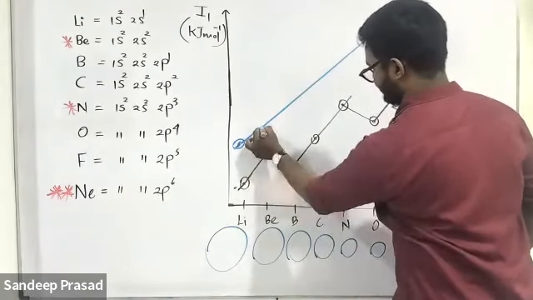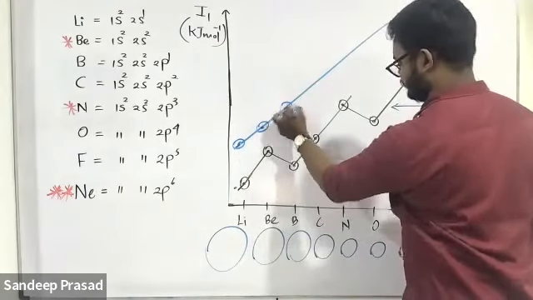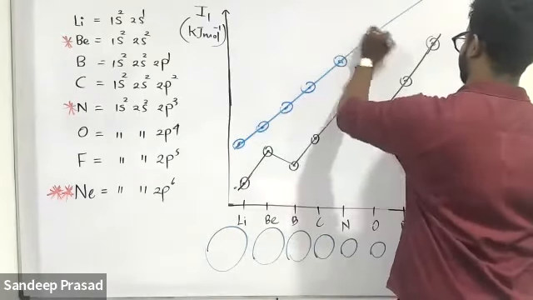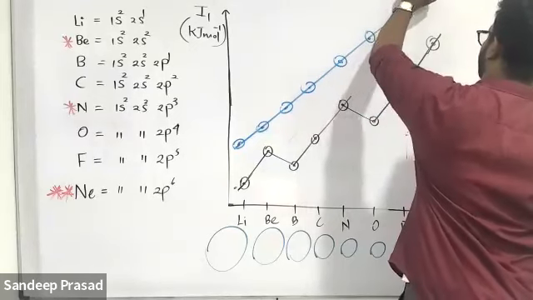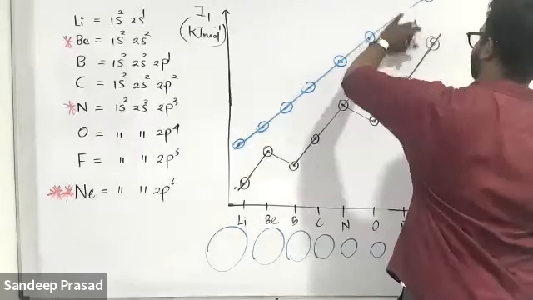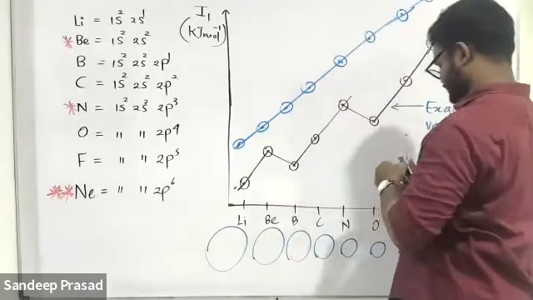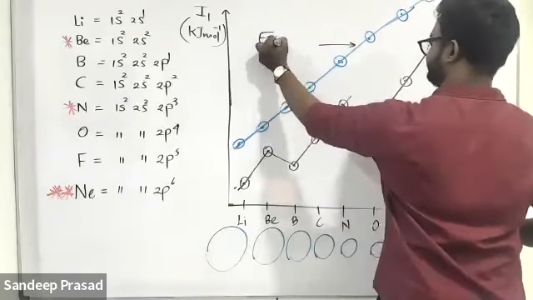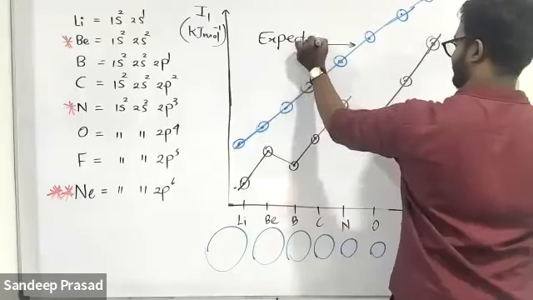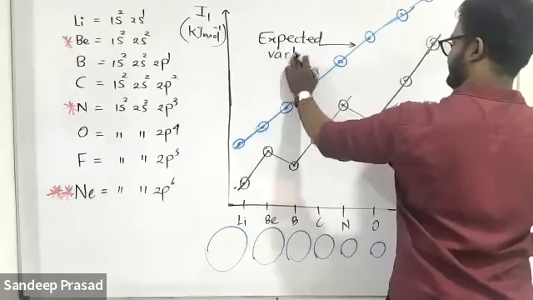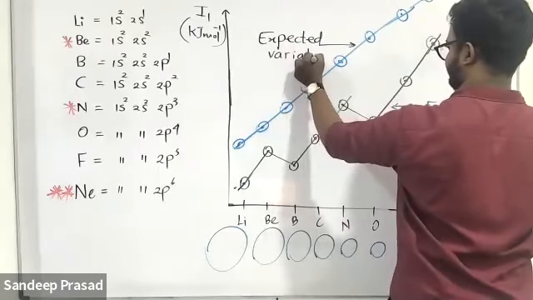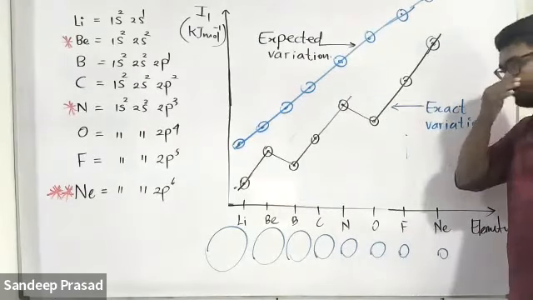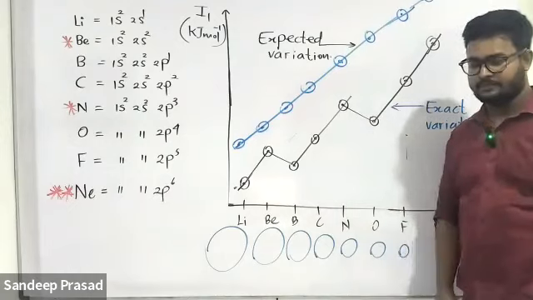Lithium, beryllium, boron, carbon, nitrogen, oxygen, fluorine, neon, in this way, right? So this is the expected variation, and the exact variation, right? Where the differences occurred?